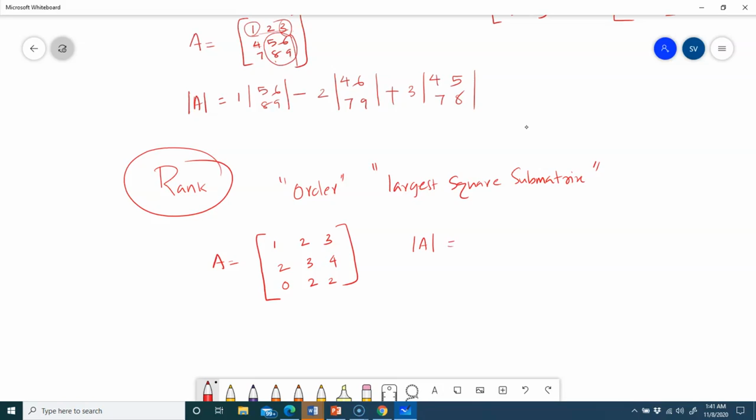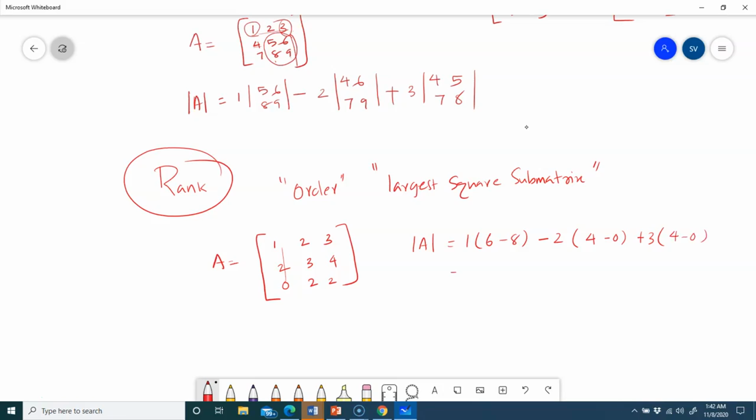That is 1 times, you have to hide this column and this row, so that is 6 minus 8, minus 2 times 4 minus 0, plus 3 times 4 minus 0 again.